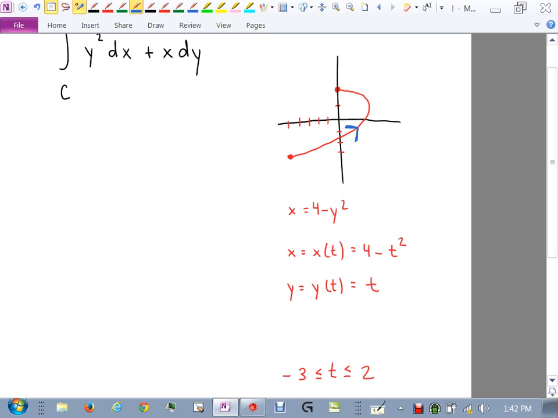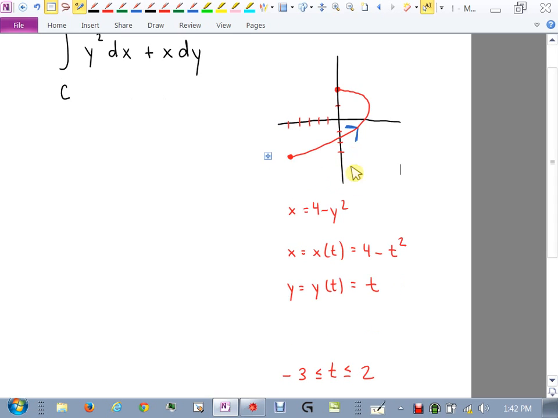Oh no, it says, from (-5, -3) to (0, 2), right? So that direction is okay, isn't it? That direction is what we wanted. What if we wanted the other way? We would have to change it to the -C instead, and that would change our integrals. But for this problem, we don't have to worry about it.